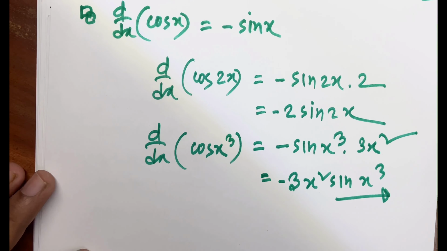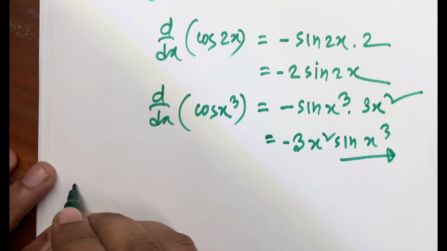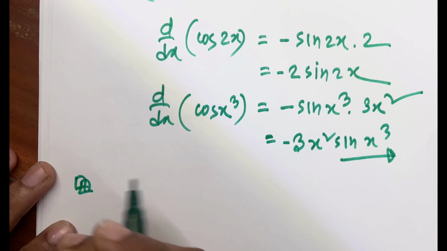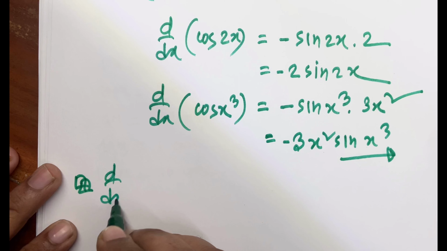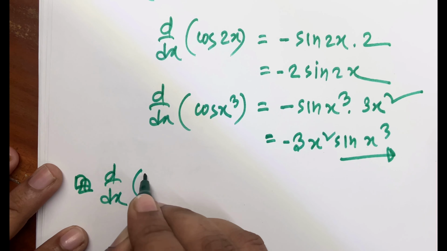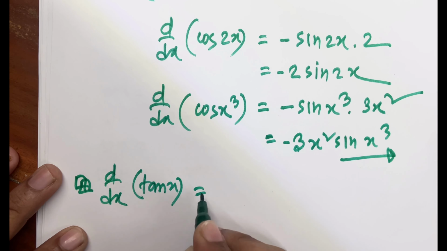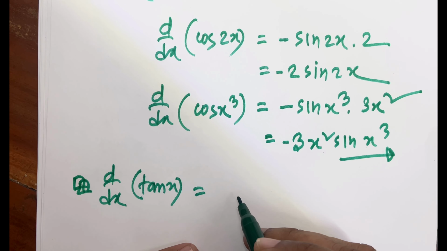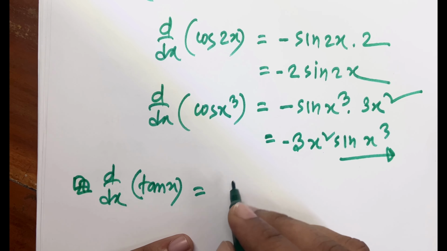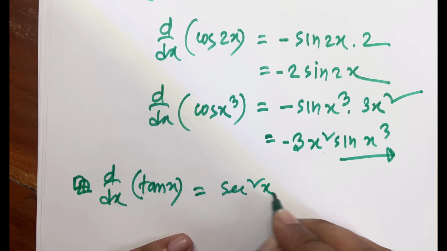Okay, now fourth formula, d/dx of tan x. d/dx of tangent x is equal to sec square x.